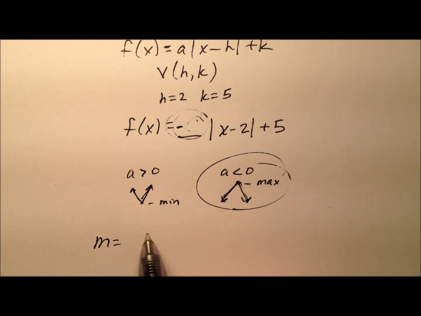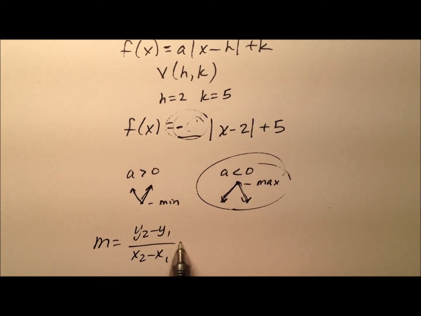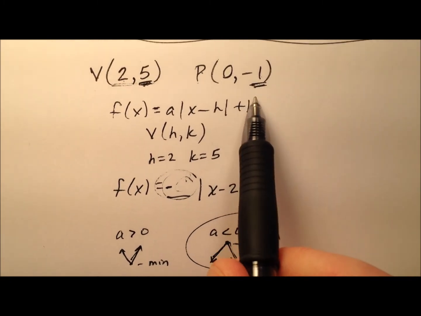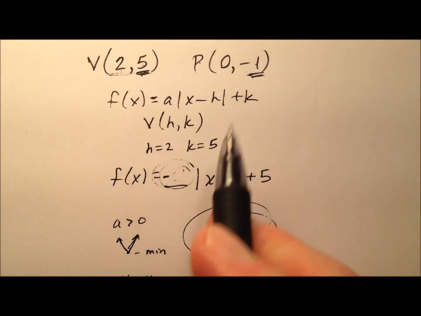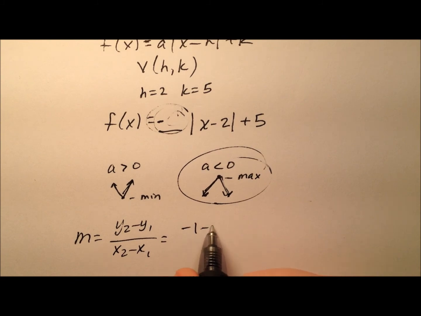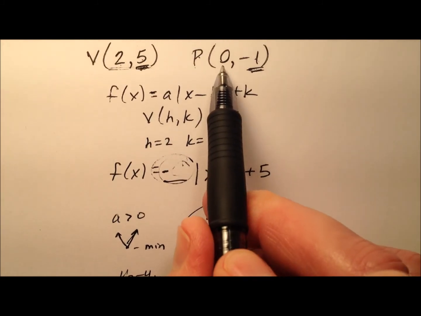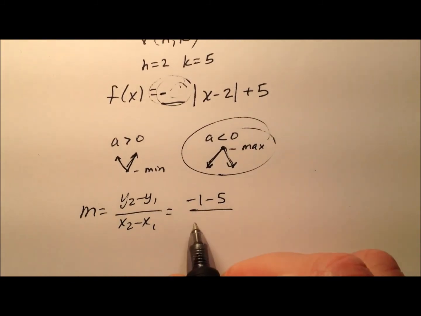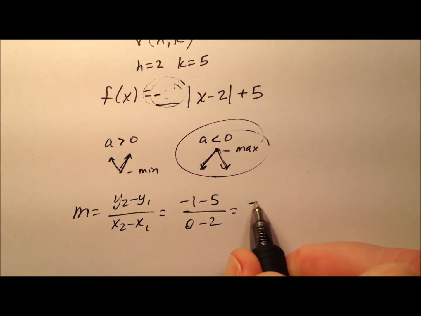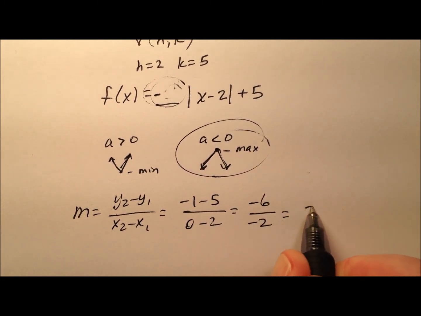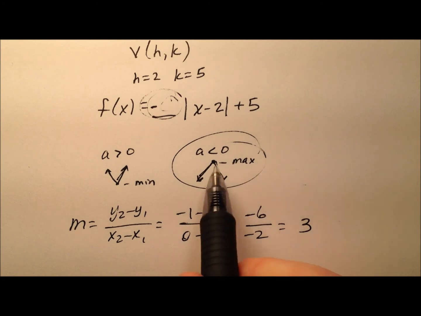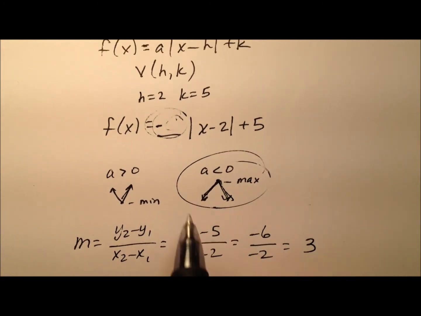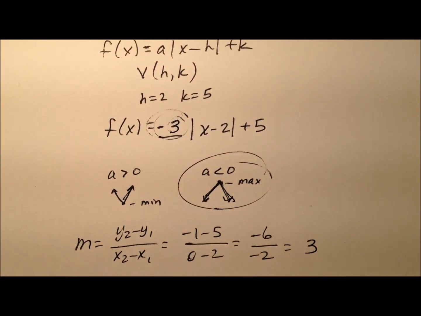Our slope formula says it's the change in y over the change in x from these ordered pairs. So we have negative 1 minus 5 over 0 minus 2. So negative 6 over negative 2 equals 3. That's going to be the slope of those legs, so we'll just put that 3 right in there.